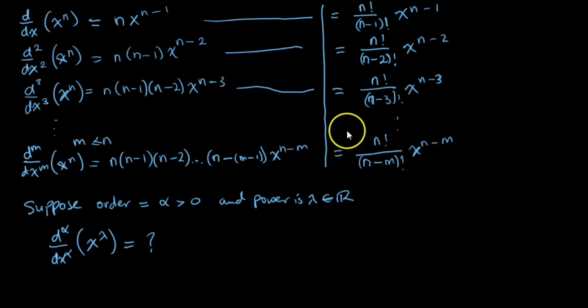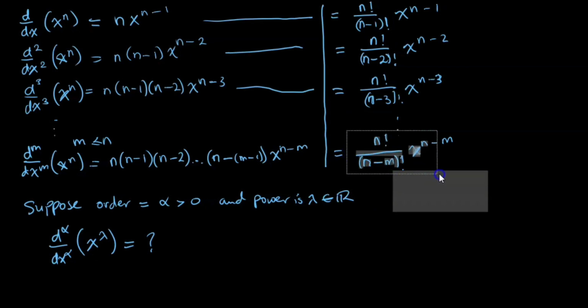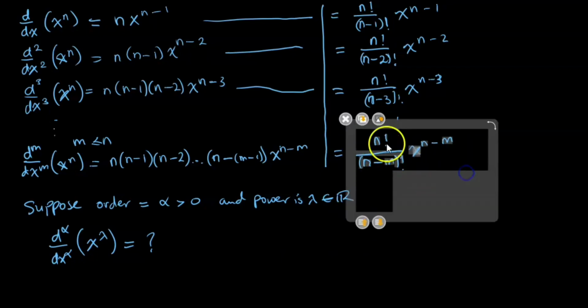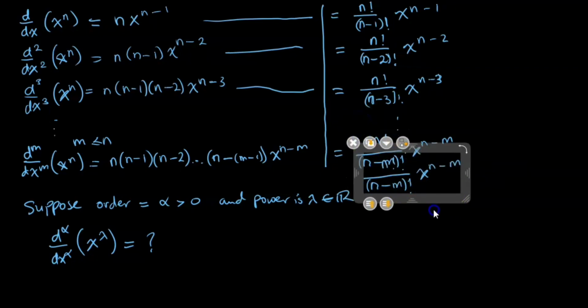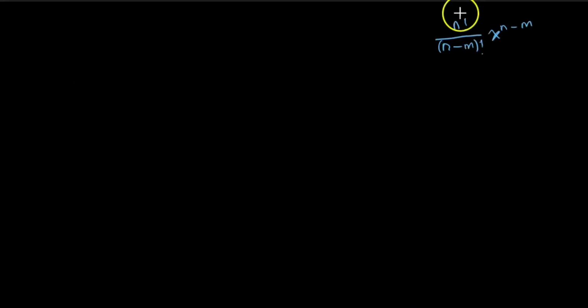Well, once we know that, that means we can find such a derivative, then we can get the general result. So let me copy this, and then let's see what we can use it for. This is the result that we copied. Now we want the alpha order derivative with respect to x of x raised to the power of some lambda.